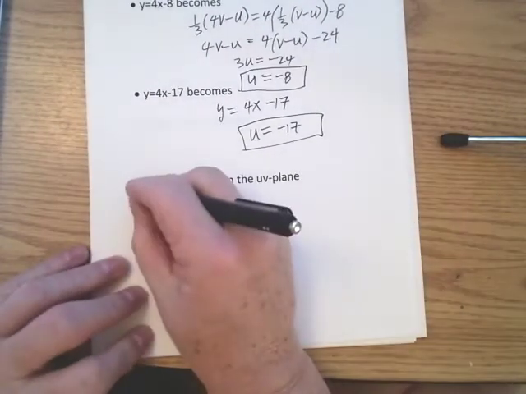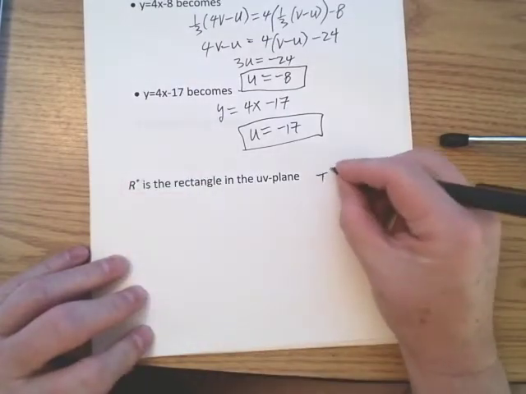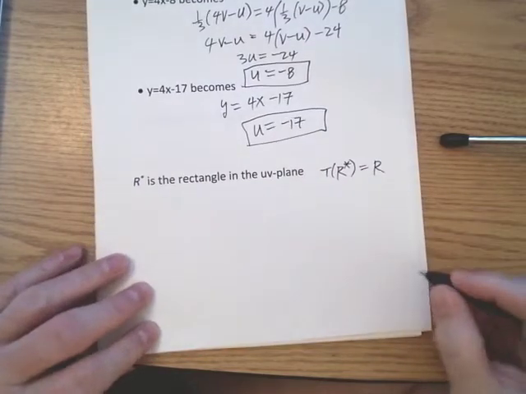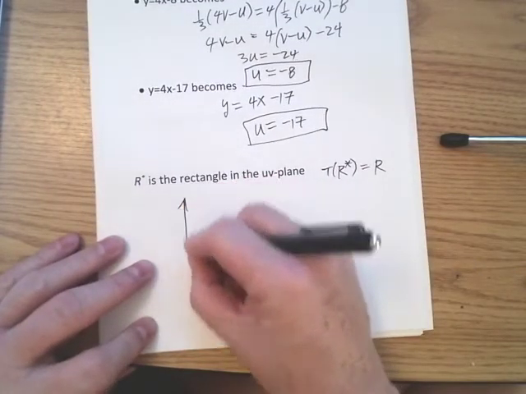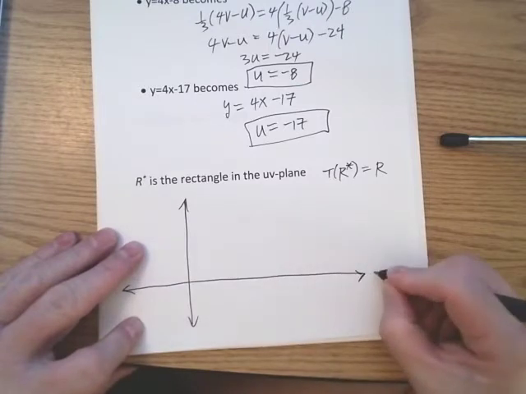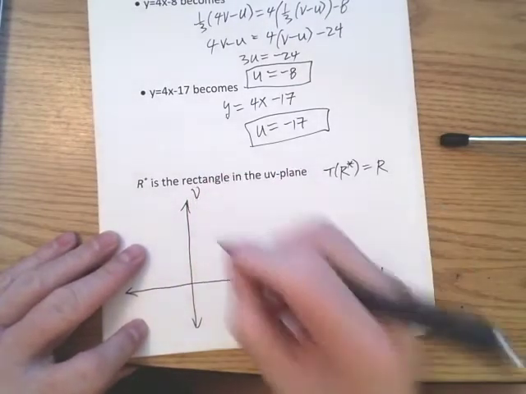What's R star? That's the preimage, so T of R star should be our parallelogram R, right? So what would this be in the uv plane? Here's the u-axis, here's the v-axis.